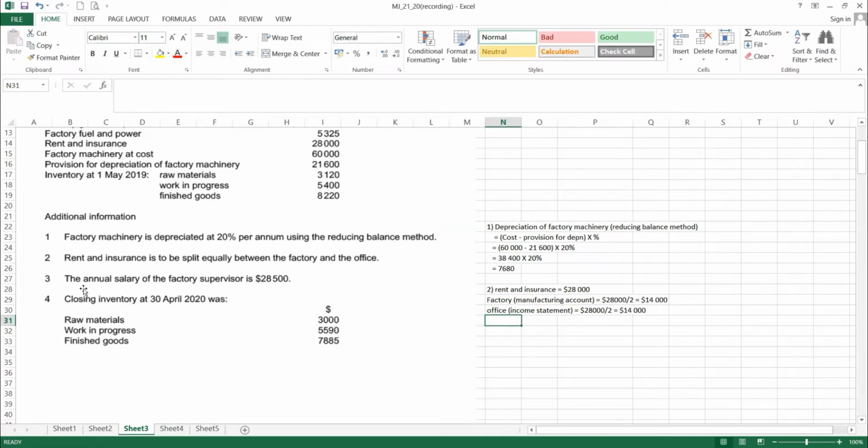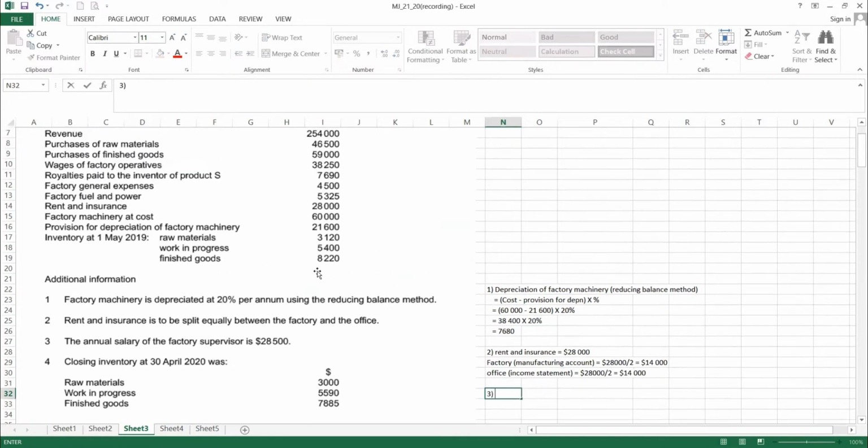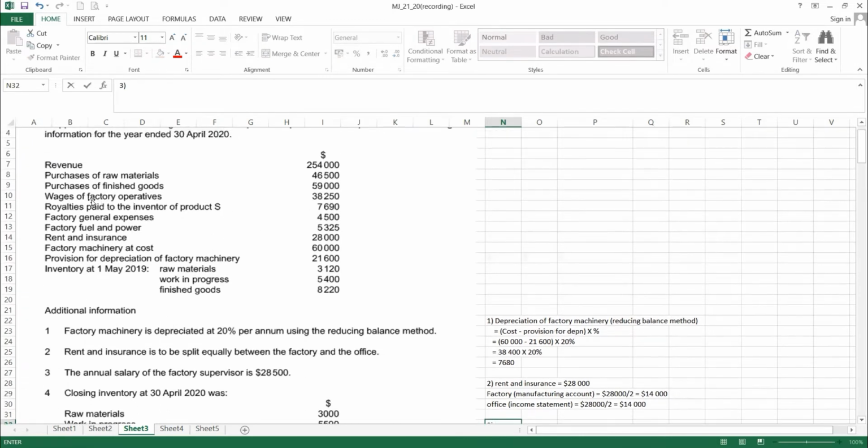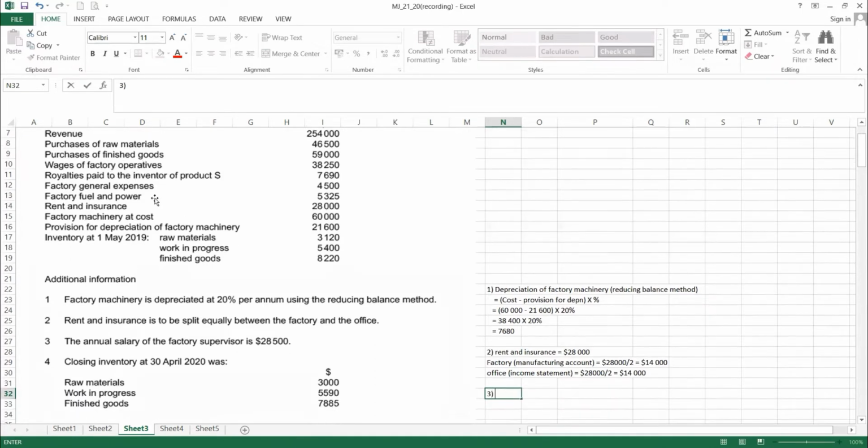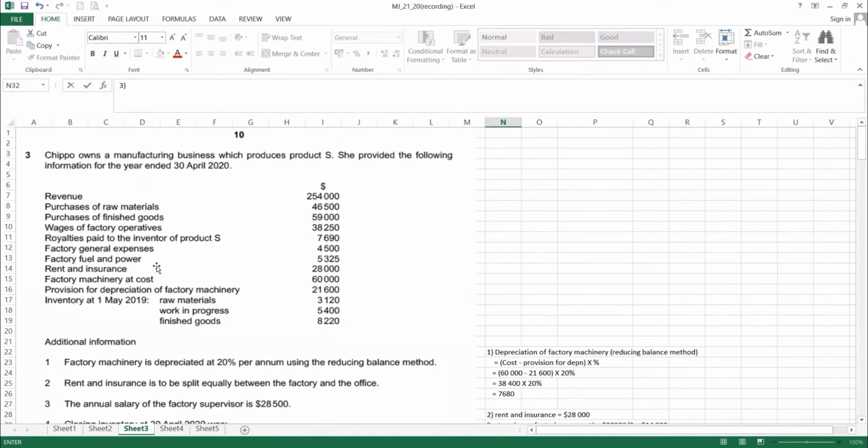We calculated number 3. The annual salary of the factory supervisor is 28,500. So let's see the salary. Where is the salary? Okay, wages of operatives. No, they didn't say here, that means you don't have the salary in the trial balance.